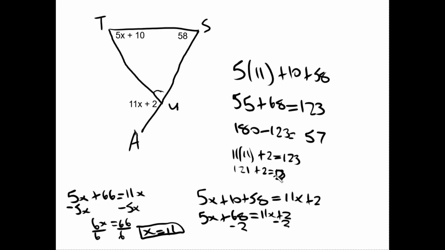As I said before, 5x plus 10 plus 58 equals 11x plus 2, and if we subtract this 123 from 180, you also get 57. So our missing angle is 57 degrees.